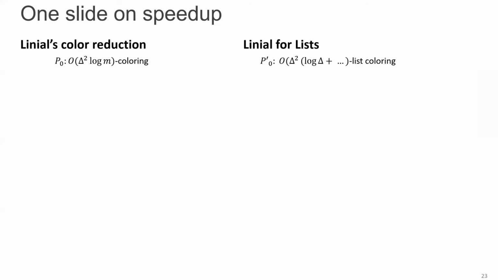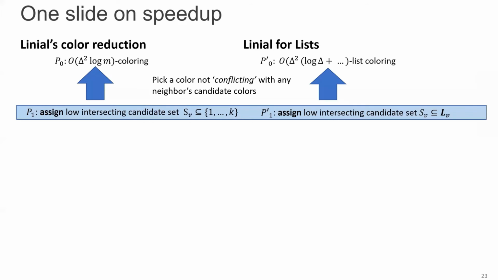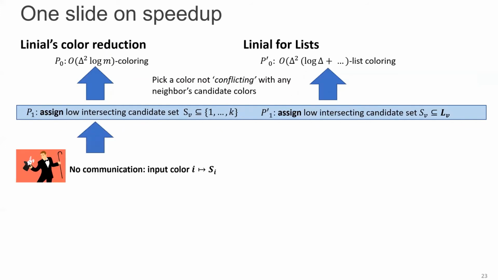Linial for list is list coloring, and Linial is a standard coloring. To solve this, we want to give each vertex a set of candidate colors, such that neighboring vertices have a small intersection in their candidate sets. For Linial color reduction, we can do this magically without communication, just by hard coding.